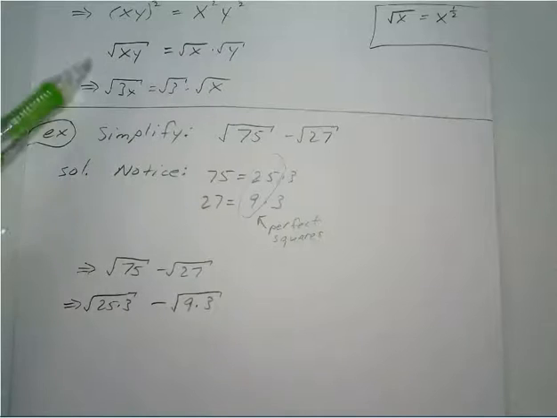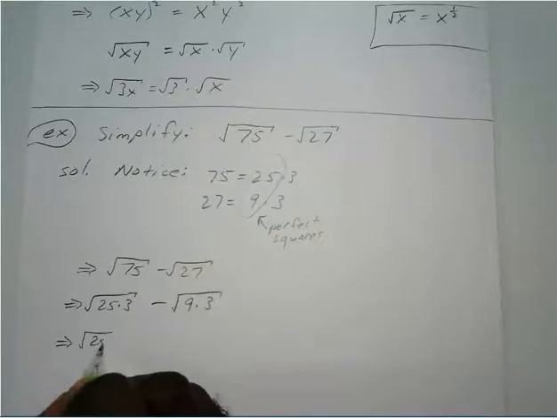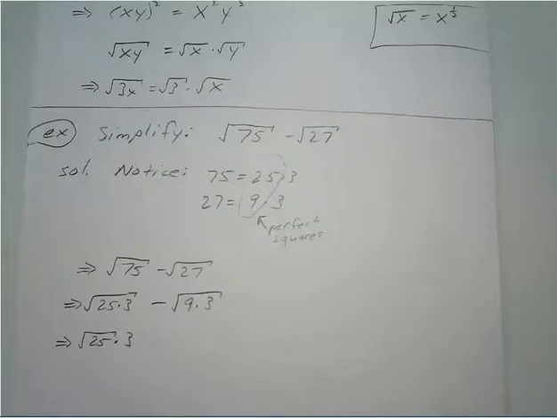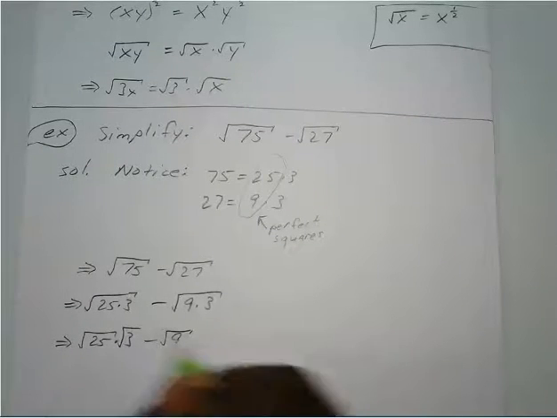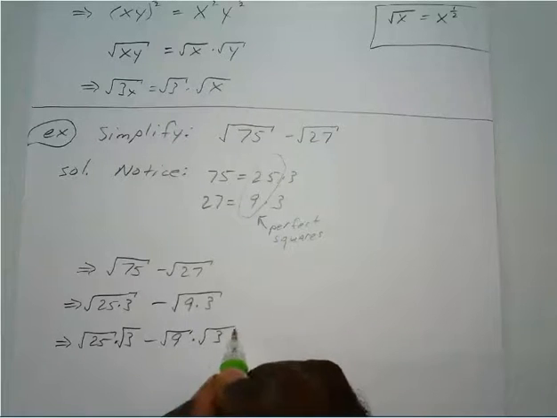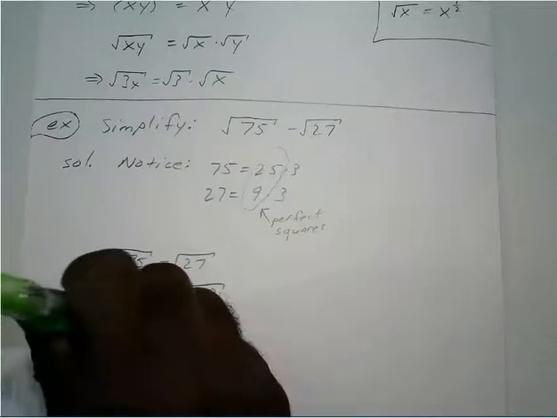Okay, so just like up here, when you have the product under a root symbol, you can separate them. Okay, so that's square root of 25 times square root of 3 minus square root of 9 times square root of 3. Let's clean that up a little bit.